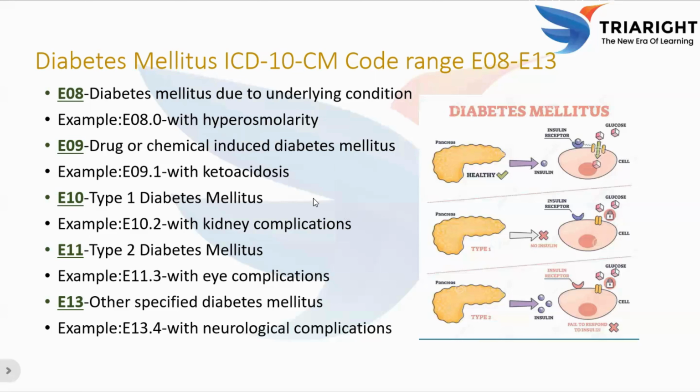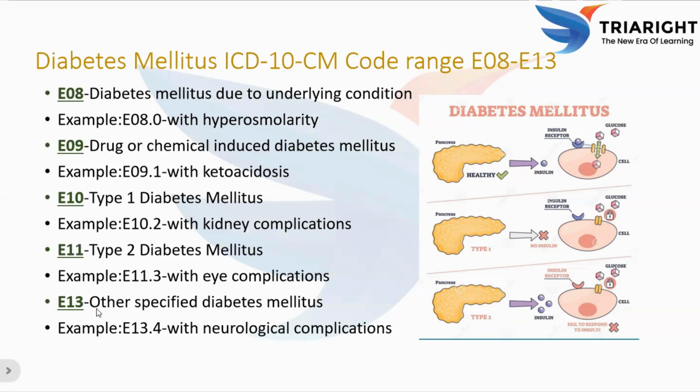There will be situations where they don't specify what type of diabetes mellitus the patient is diagnosed with. Whenever the type of diabetes mellitus is not mentioned, take the default, which is E11, type 2.